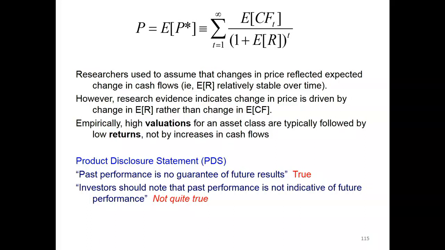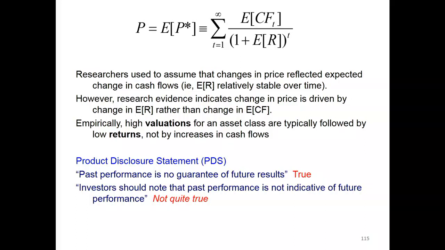Let me give you an example here. If bond prices are high, what's the prediction for future returns for bonds? If the price of a bond is high, the expectation is that future returns are going to be low.